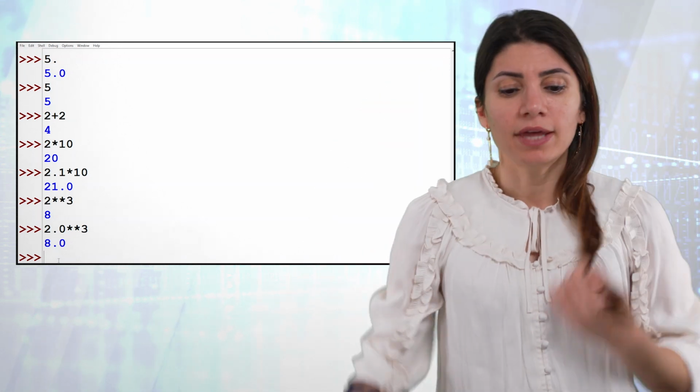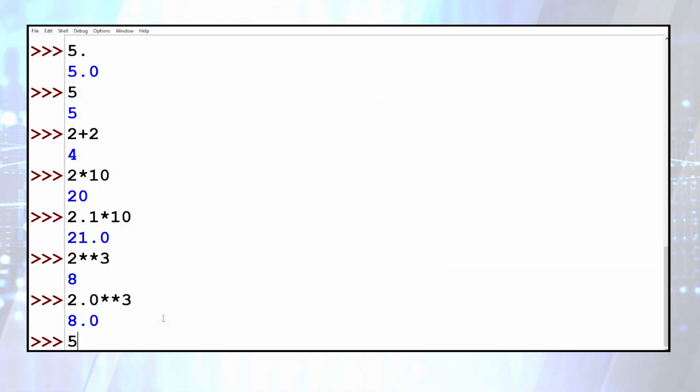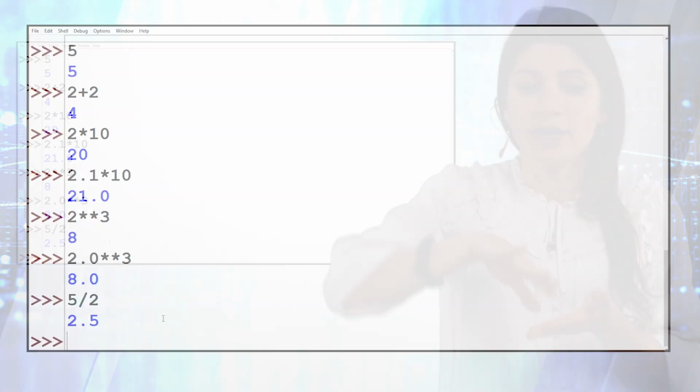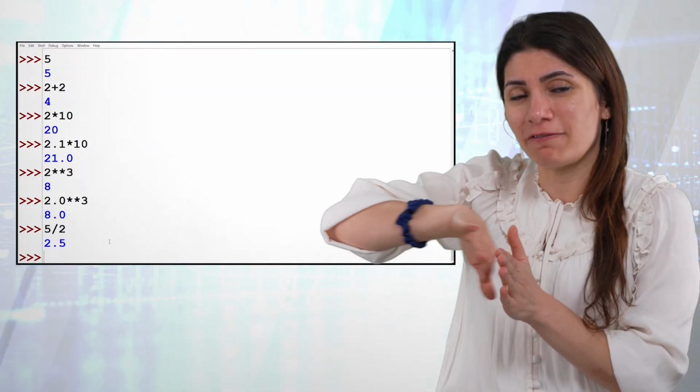Okay, so now let's talk about division. With division, if I have 4 divided by 2, the result is going to be a whole number, 2. But there are cases in which you divide 2 numbers and there must be a fraction. So 5 divided by 2 is going to be 2.5. It's not going to take away that fraction part for you.